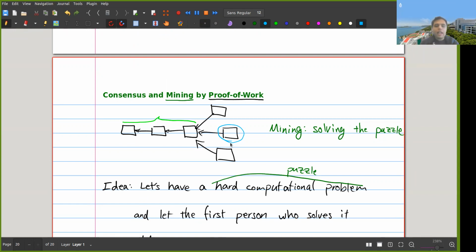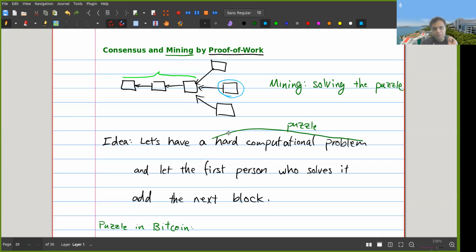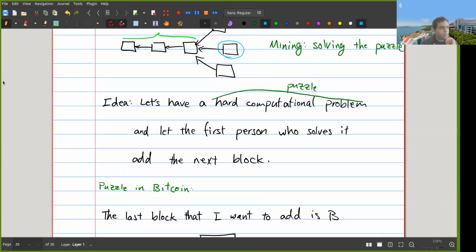And after a while, everyone has heard about this particular block, and everyone knows that it has the right hash. So everyone adds this particular block to the end of their blockchain. And we also have some sort of consensus. I will talk about details of this a bit more.